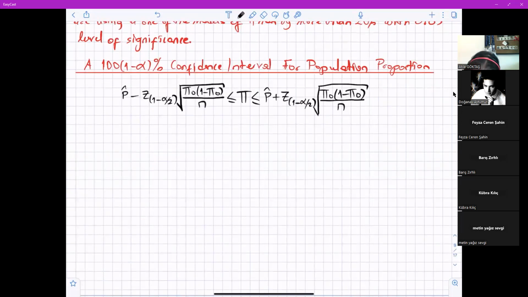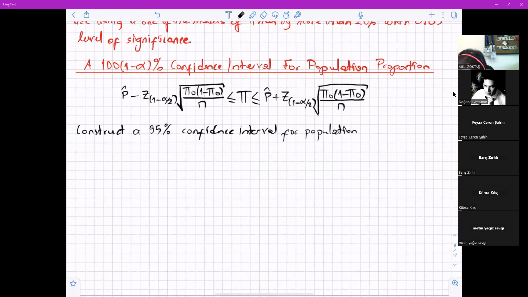Construct a 95% confidence interval for the population proportion for the previous example.